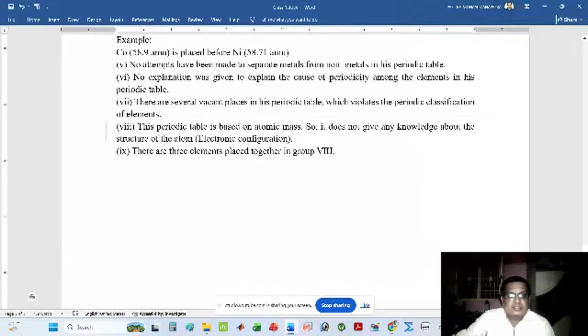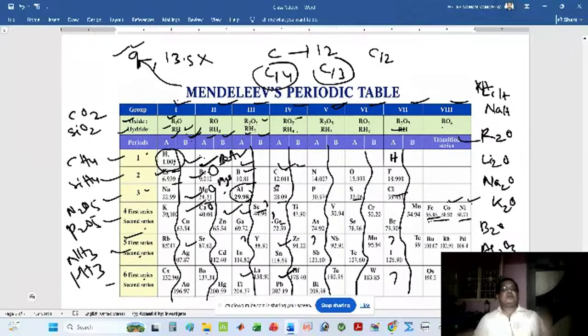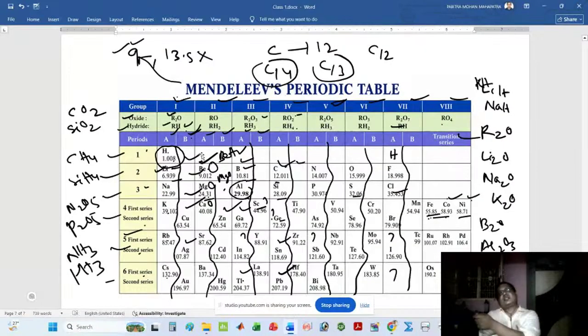This periodic table is based on the atomic mass, so it does not give any knowledge about the structure of the atom. Obviously, if you think about the modern periodic table, the elements are arranged according to the increasing order of their atomic number. Atomic number gives the number of electrons and the number of protons. For a neutral atom, the number of electrons and protons is the same.